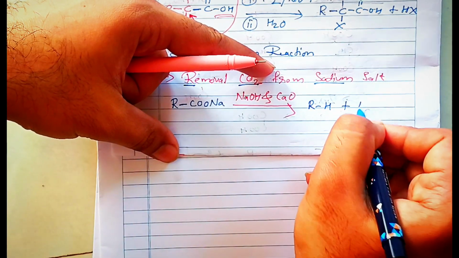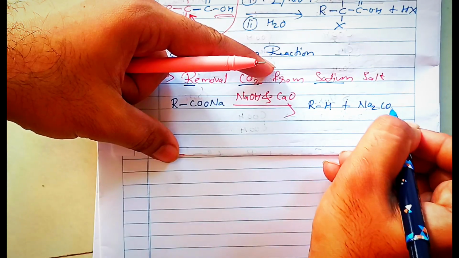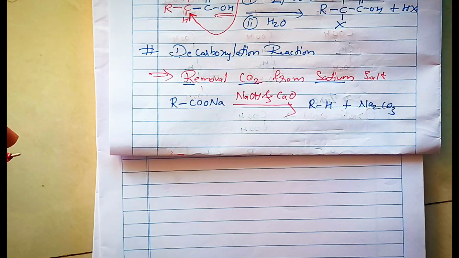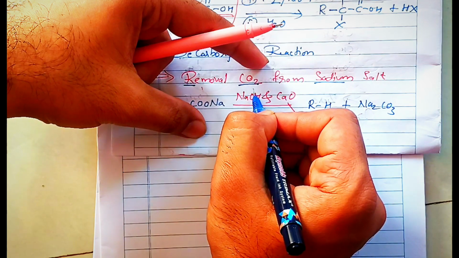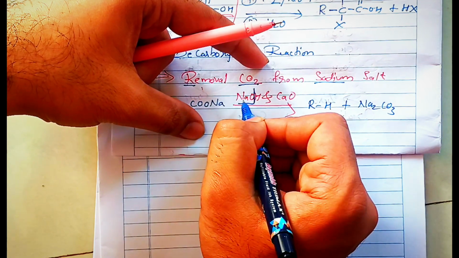Then you will get RH plus Na2CO3. How is it possible? Here this will be broken down.